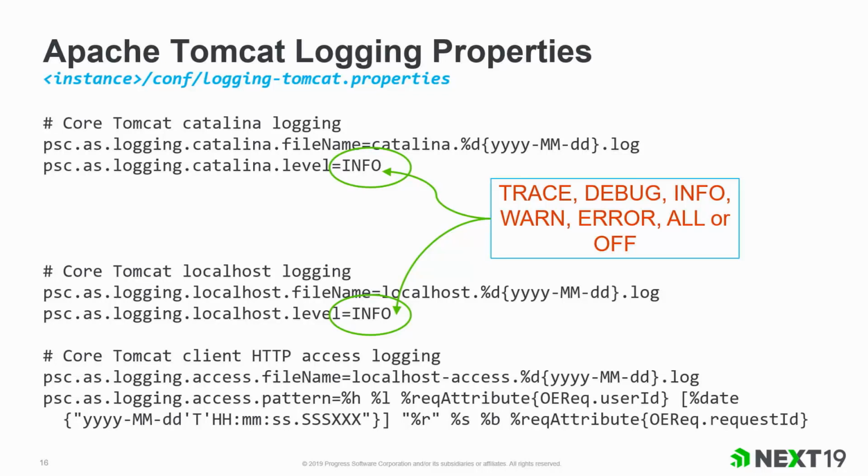You can see there's a file name. It's got a template for what that file name is going to look like. And then it's got that logging level that we saw before. So again, trace, debug, info, warn, error. So if you bump that up to debug, for example, you'll start seeing a lot more log messages from the Tomcat server. Okay.